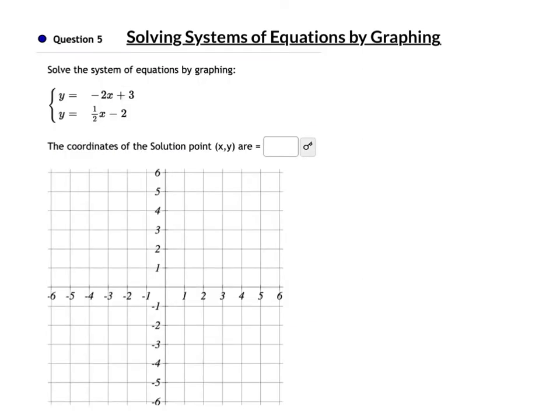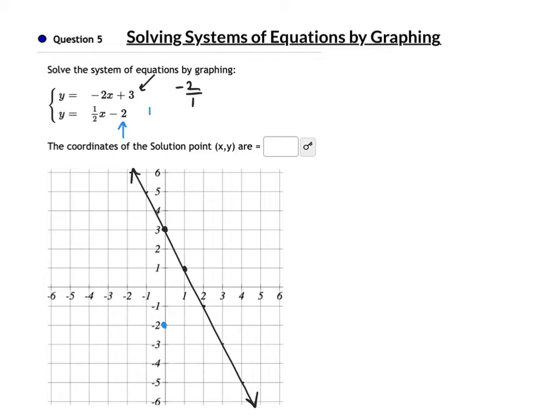In question 5, we have to graph both lines. The first one has an intercept of 3 on the y-axis, y equals mx plus b, b is the intercept. The slope is -2 over 1, so I'll rise -2 and go down 2 and run +1, and then I'll draw my line. The second equation has a y-intercept of -2 and a slope of +1/2.